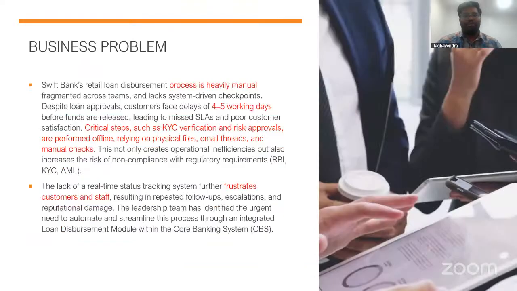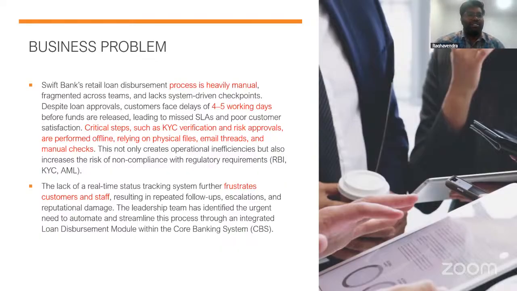Business problems. Like I mentioned as an example in my previous conversation, it's a lengthy process. It's heavily manual and it takes 4 to 5 days, even after the loan is approved, to get the funds in the customer's account.